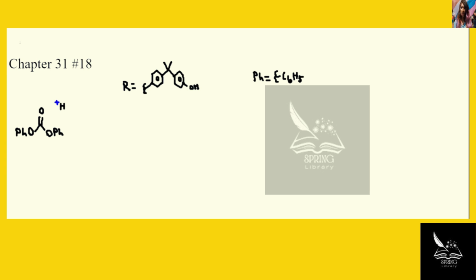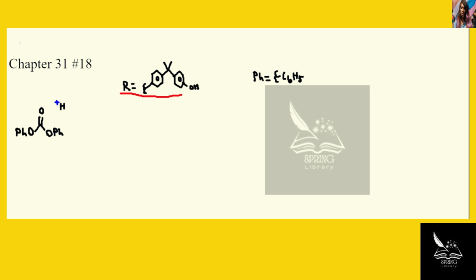Just as with the previous problem, number 16, this is going to be addition to a carbonyl, formation of a tetrahedral intermediate, and then a leaving group being kicked out to reform the carbonyl. I do want to begin by drawing your attention to these abbreviations.